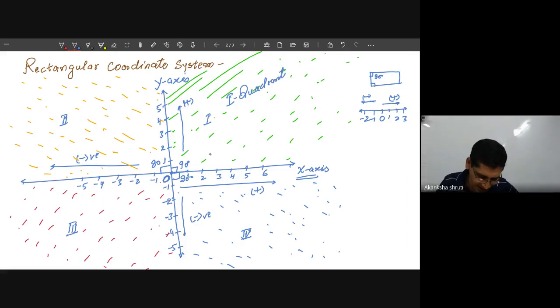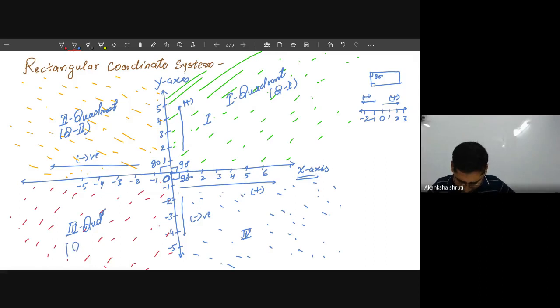This is called the second quadrant, denoted as Q2, and the first is sometimes denoted as Q1. This is called the third quadrant, Q3, and this is called the fourth quadrant, Q4.